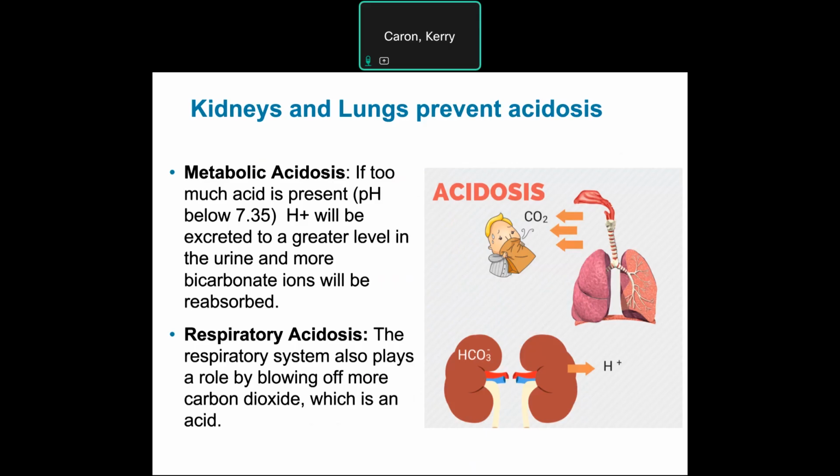Okay. Metabolic acidosis. So what if there's too much acid present in the urinary system? Then more bicarbonate ions, the buffer ions, need to get reabsorbed to balance out that blood pH. So the kidneys will secrete bicarbonate to kind of buffer the acidotic state.